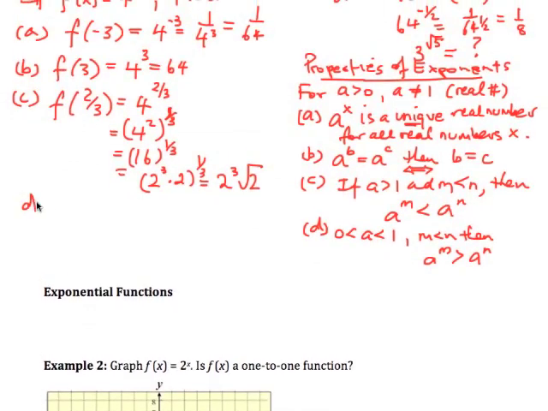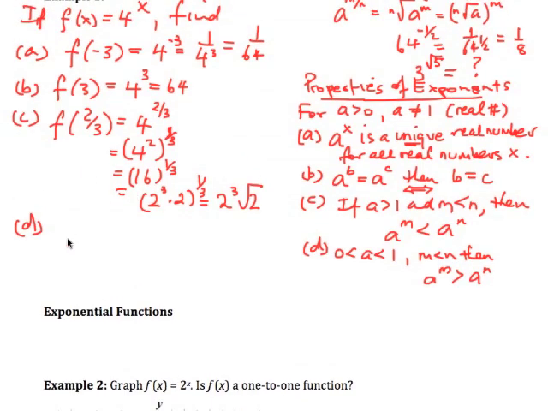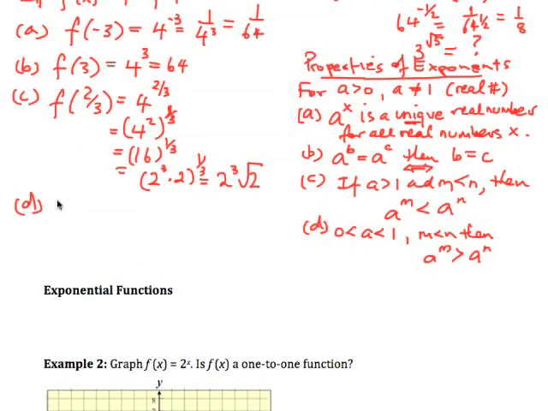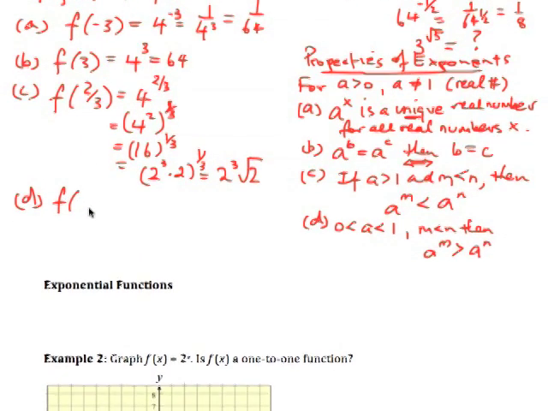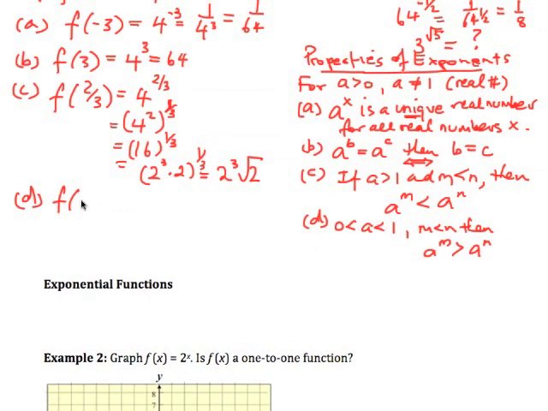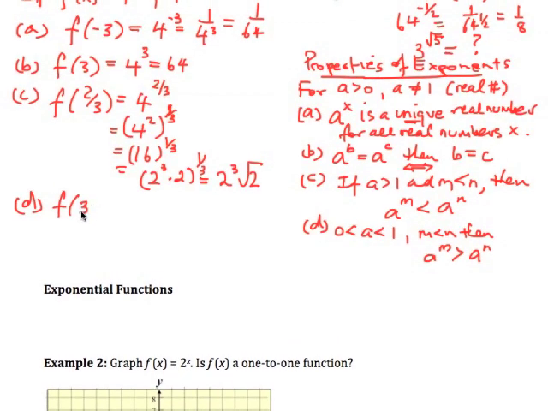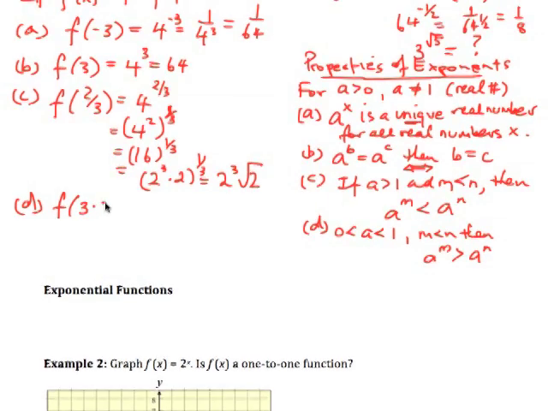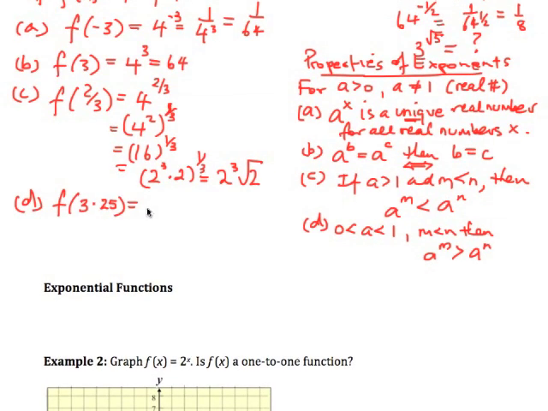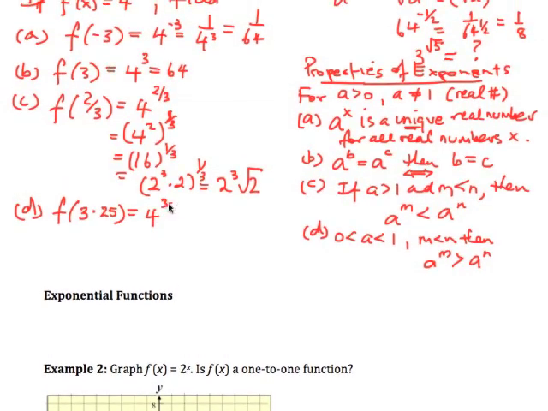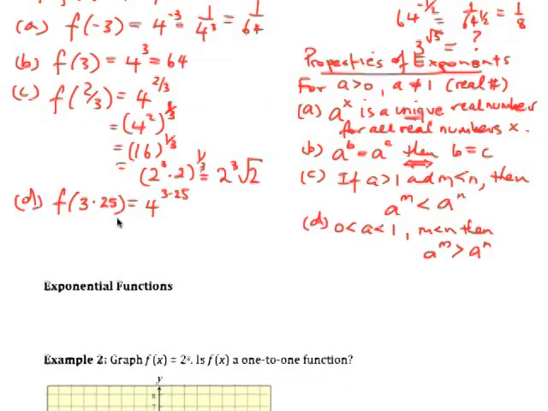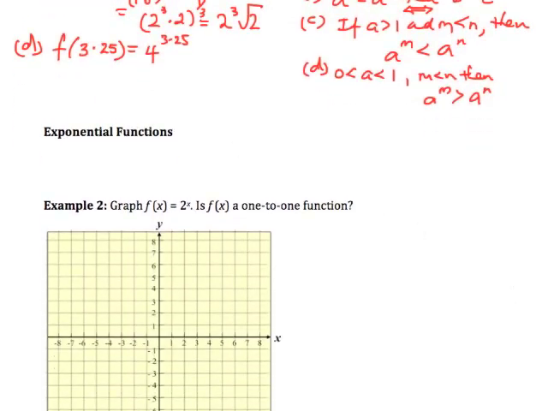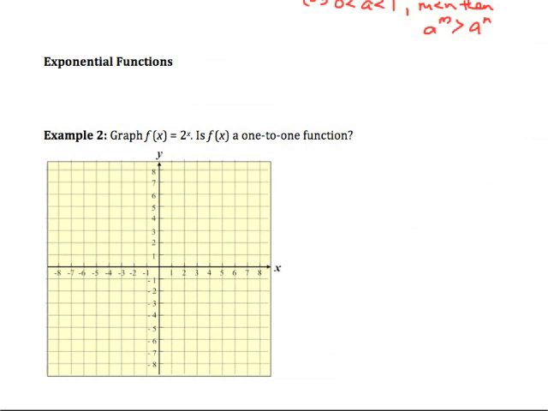And finally, what if we have something that's not easily manipulated like this? Let's suppose I want f of, say, 3.25. Then we're talking about 4 to the 3.25. Now to do that we're going to have to use a calculator.